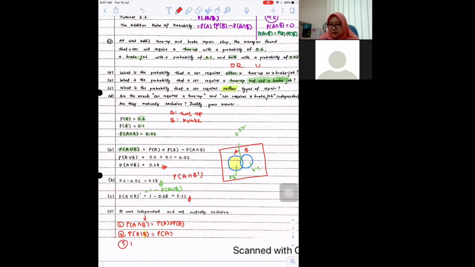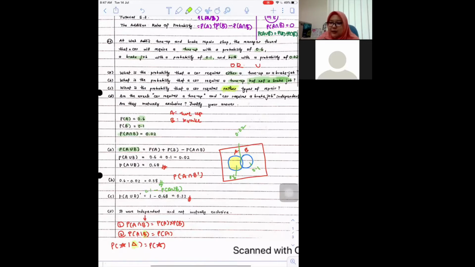For example, P(star given triangle) is just probability of star, because it doesn't depend on the first event. Okay, that's the way to check if it is independent.